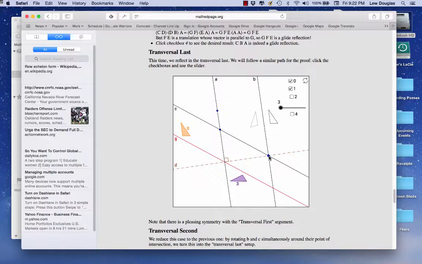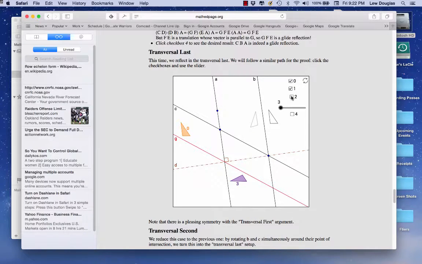Then you drop a perpendicular to the other parallel line, A, and where it hits gives you another point. Then from that point, the intersection of D, that perpendicular, and A, you draw a line parallel to C, and that gives you the reflection line. And the question is, why is that true?